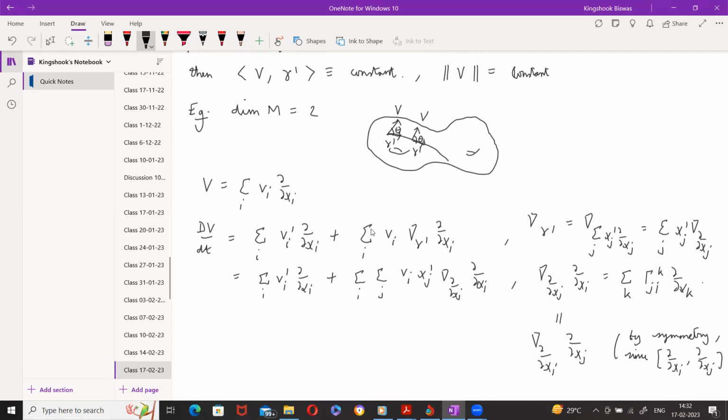This bracket acting on a function f gives del squared f over del xi del xj minus del squared f over del xj del xi, which is 0 by equality of mixed partial derivatives. Is that clear? Therefore, by symmetry, what that means in terms of the Christoffel symbols is that they are symmetric in ij. All right, so once you substitute that here, we get this expression.